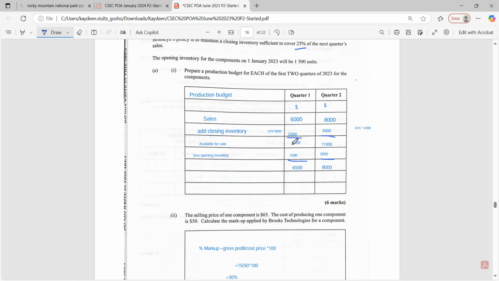So we subtract 1,500 from 8,000, we get 6,500 units for quarter one, and 2,000 would be our opening inventory for quarter two, because the closing inventory for quarter one becomes the opening inventory for quarter two. And when you subtract 2,000 from 11,000, you will get 9,000 units.